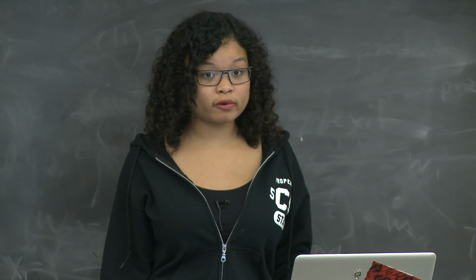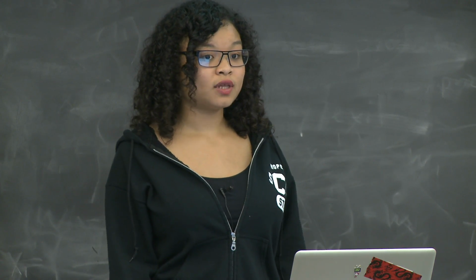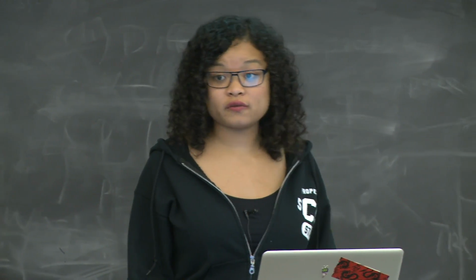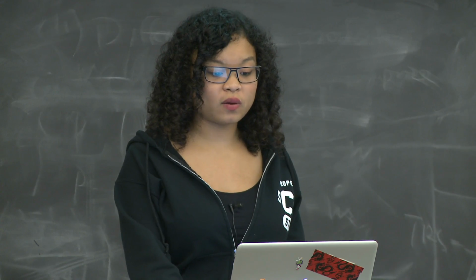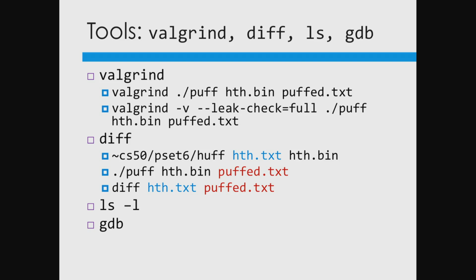But basically at every point in the code where you might return prematurely, you want to make sure that you free any possible memory. So when we're dealing with freeing memory and having potential leaks, then we want to not only use our judgment and our logic, but also use valgrind, right, to determine whether we've freed all of our memory properly or not. So you can either run valgrind on puff, and then you have to also pass it the right number of command line arguments.